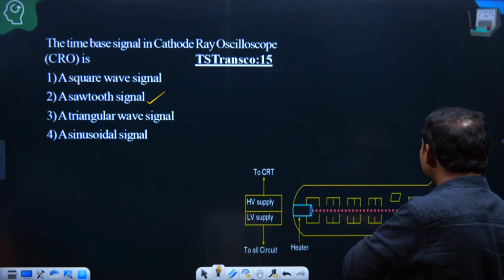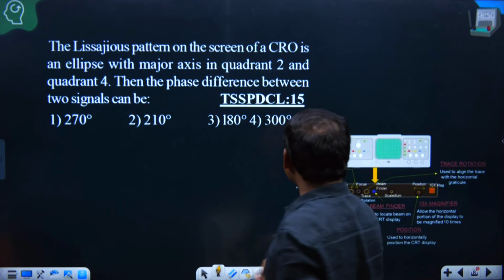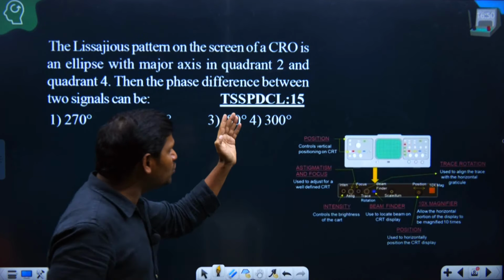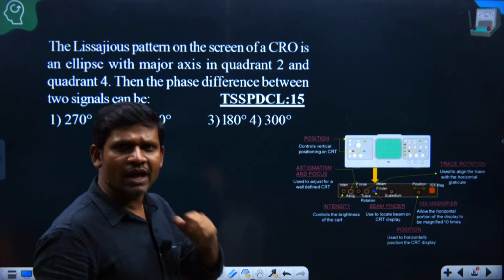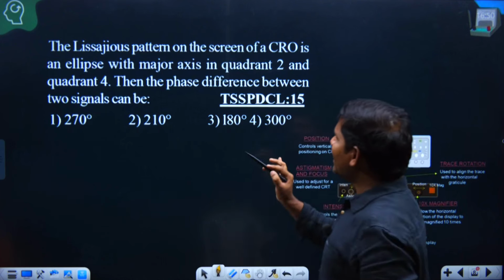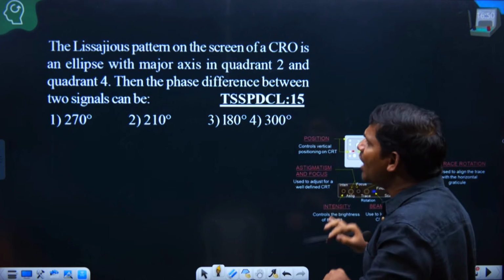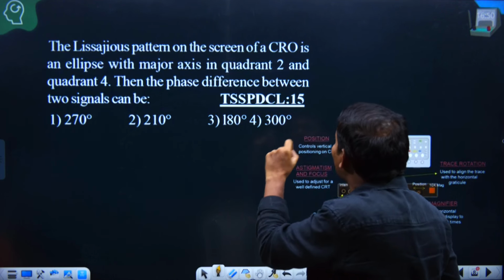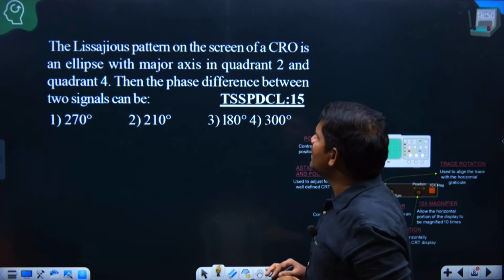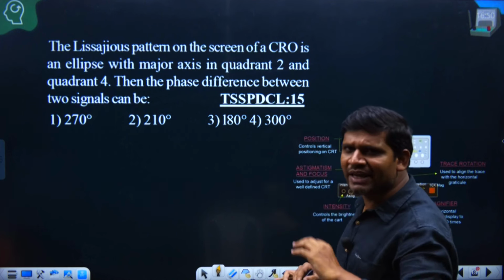Let us see the next question. This question is asked in TS SPDCL 2015, subject measurement, topic CRO. The Lissajous pattern on the screen of a CRO is an ellipse with major axis in quadrant 2 and quadrant 4. Then the phase difference between the two signals can be?